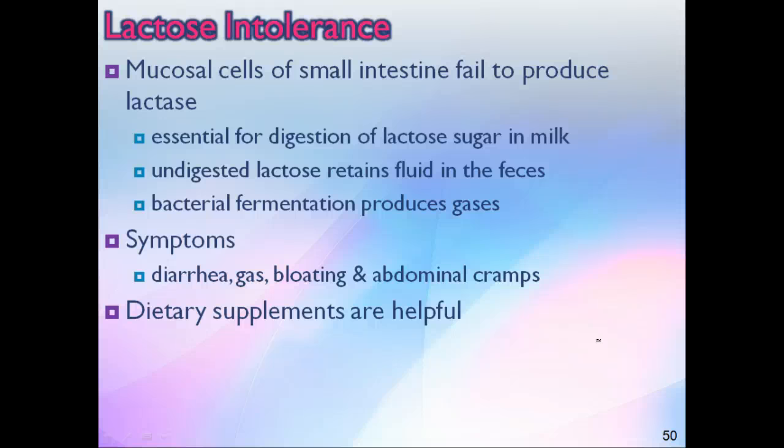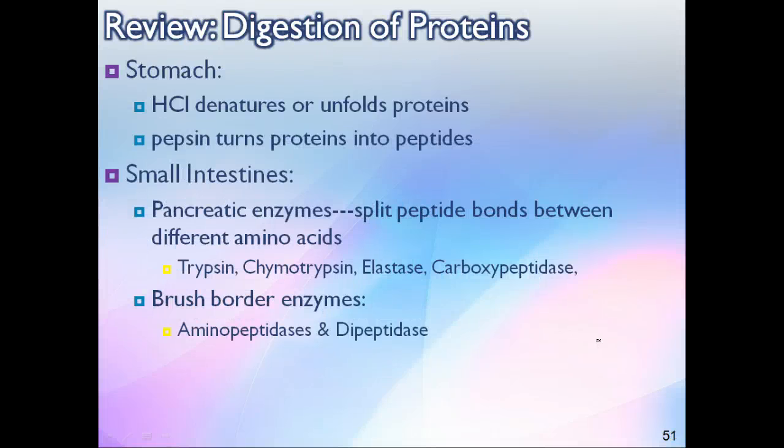Lactose intolerance is a very common disorder associated with the inability to absorb the sugars found in milk, so you're going to want to read about this in your book for independent study.